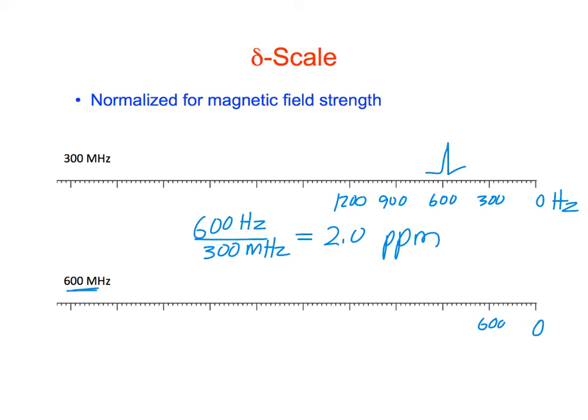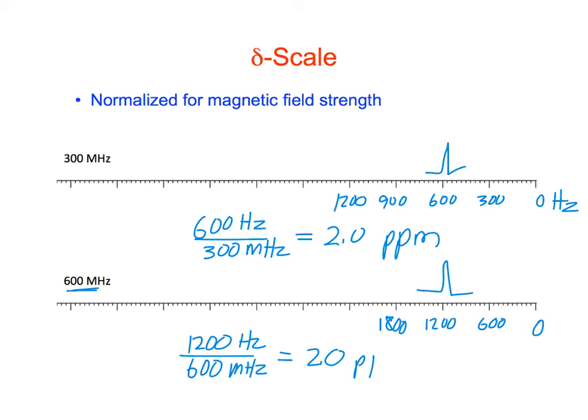This is 600, this is 1200, 1800, and that same peak would be right here. Right? And so then we have 1200 hertz divided by 600 megahertz. So this is still at 2.0 parts per million.